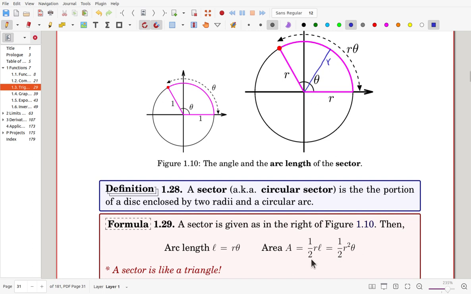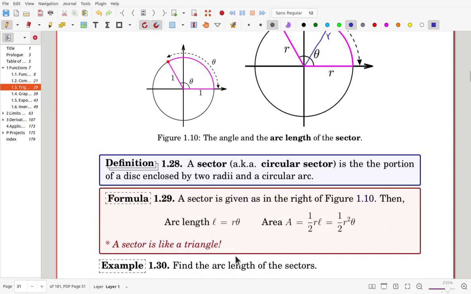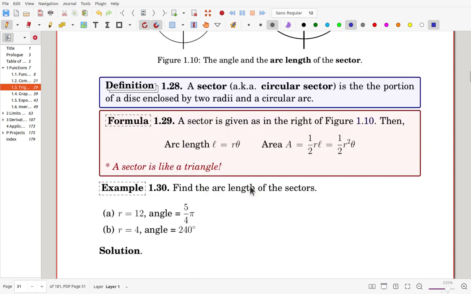So if you consider the area of sectors, then a sector is like a triangle. Right? So I wrote down over there, a sector is like a triangle. Anyway, I write down this one for you to memorize better.